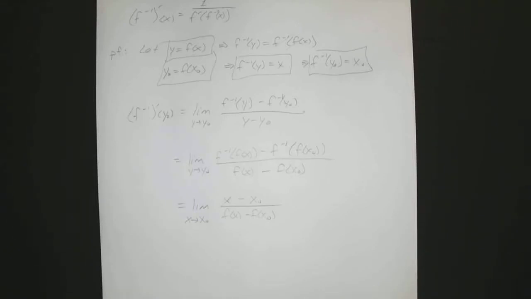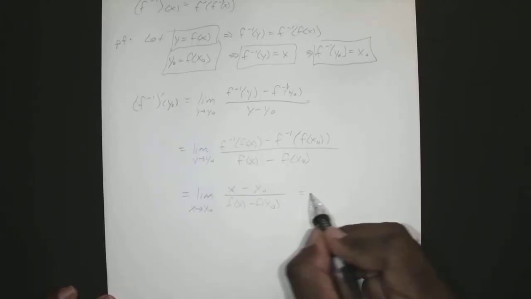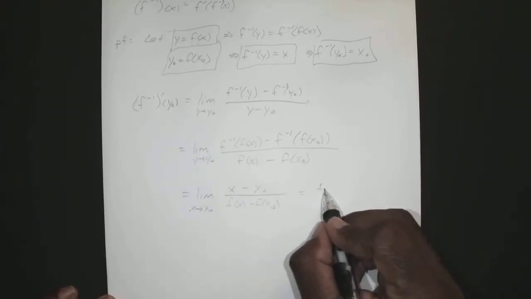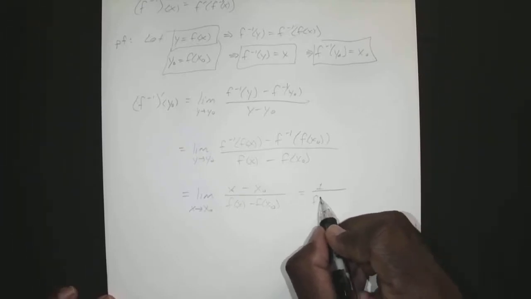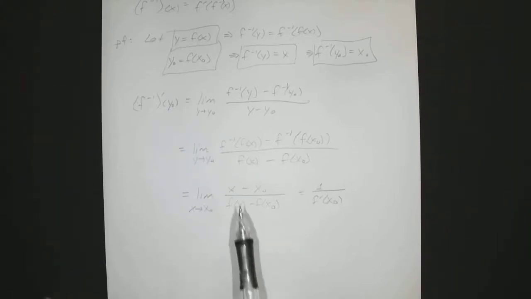Okay, so if you look at this, it's kind of a reciprocal of a function of x. So it's kind of like 1 over f prime of x0. Okay, so it's just the derivative kind of flipped. Instead of f of x minus f of x0 over x minus x0, it's just flipped.